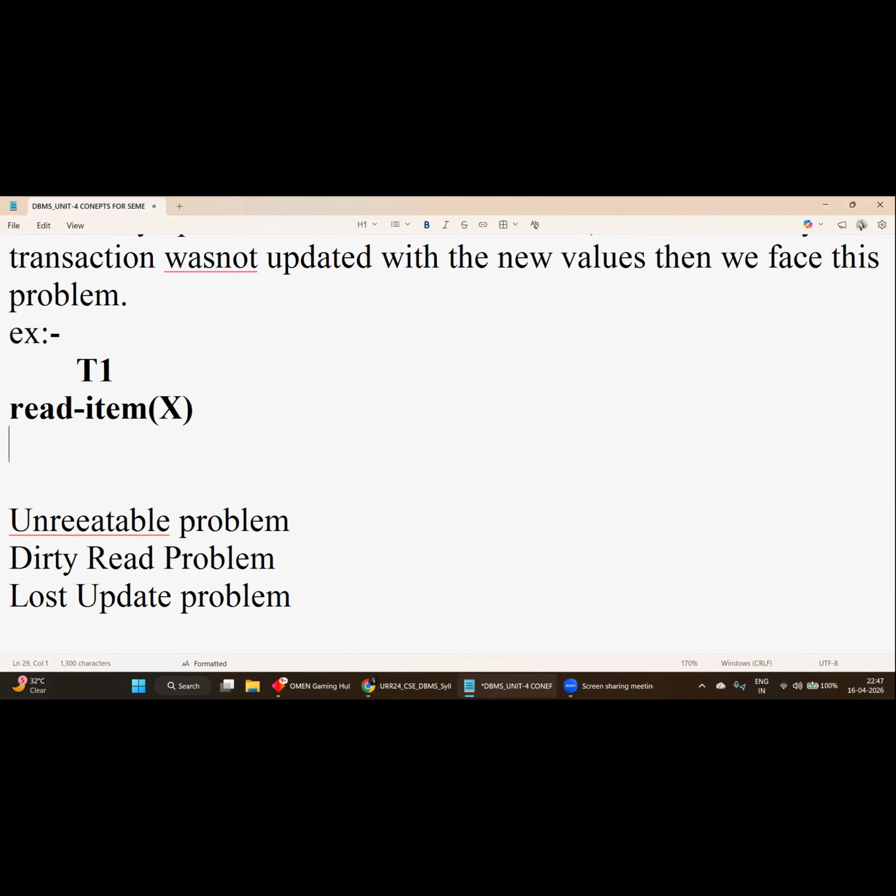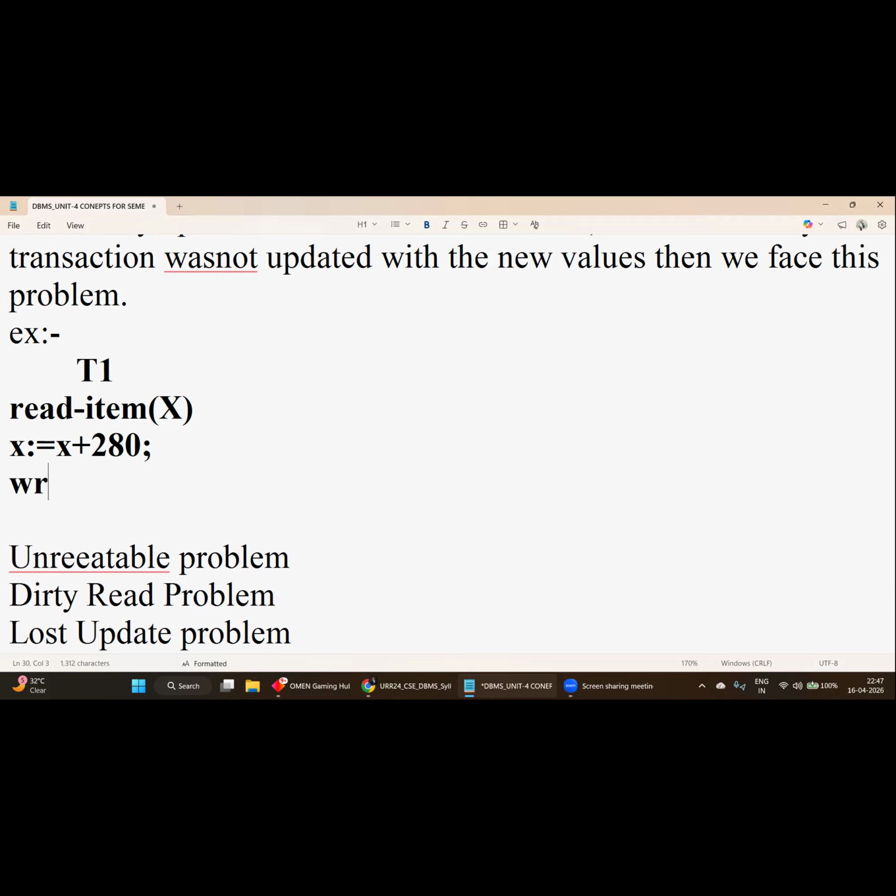Then we perform an operation, X := X + 10, or X plus 280. Now go down and then write it.